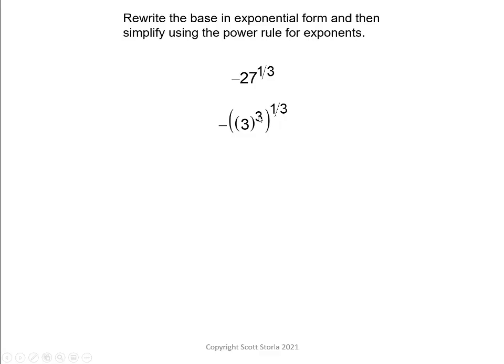Now, by the power rule, when I multiply 3 times 1/3, I'll get an exponent of 3 divided by 3. Of course, that's going to give us a 1. And then at the end, I'll bring in this sign, that is, it's the opposite of whatever this is, or you can think of this as a factor of negative 1 times whatever you get, and that'll just give us negative 3.